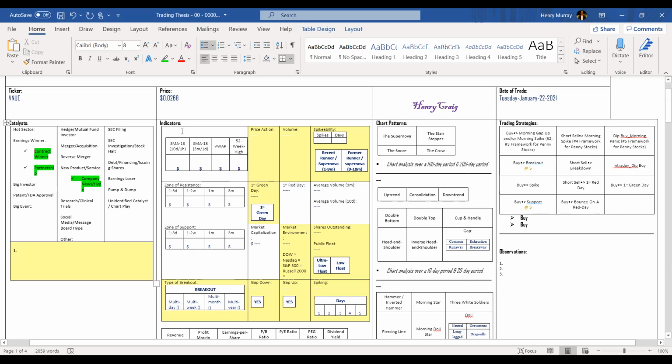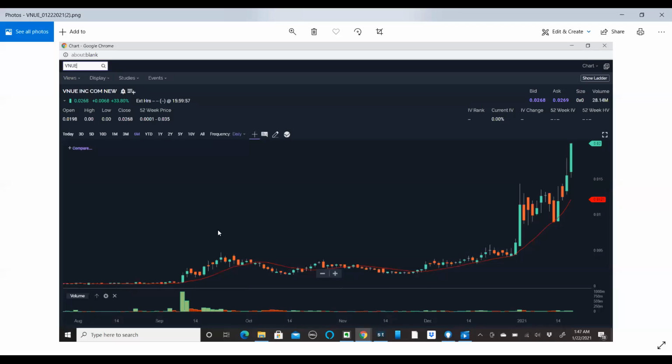All right, and right here, we want to first look at the price action, which is the volatility of the stock. And we are speaking about the specific price increase, percentage price increase or percentage price decrease. So let's see what was the percentage gain on VNUE on the 21st.